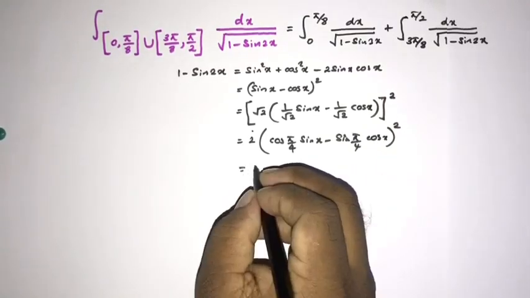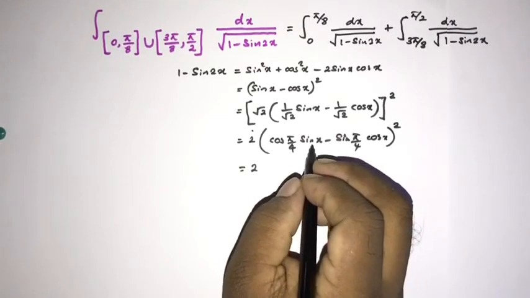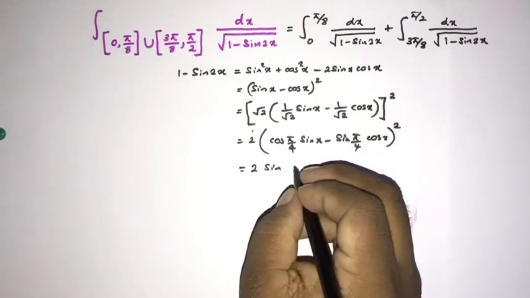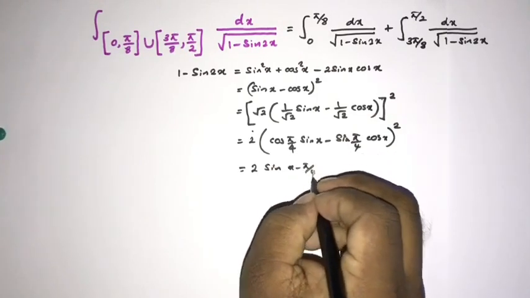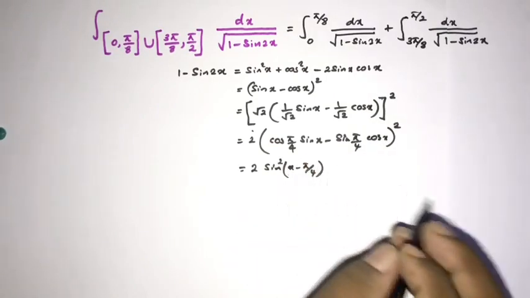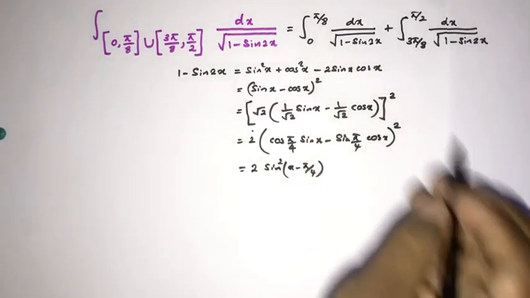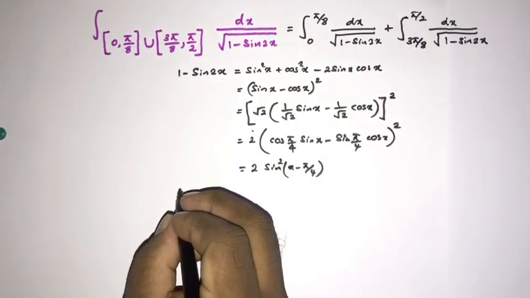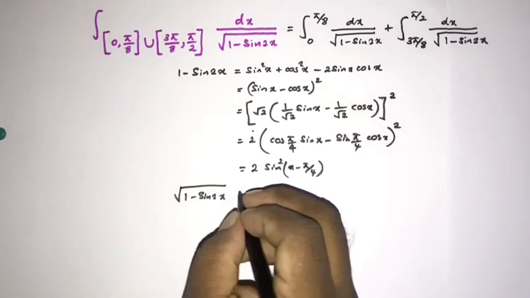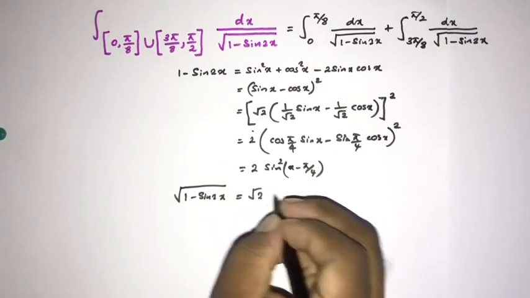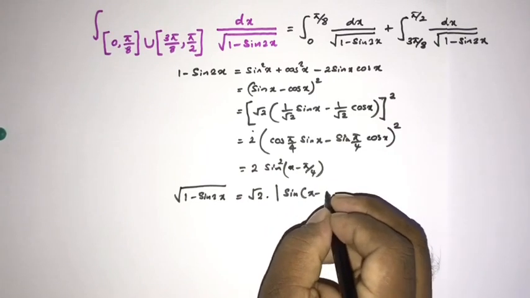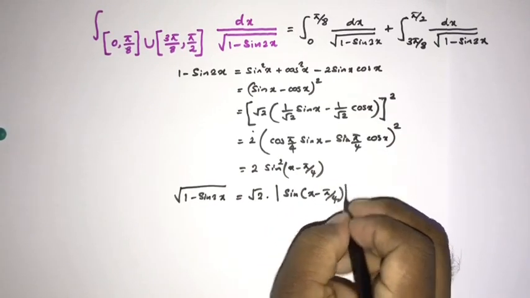Then we know this formula, so we have sine squared of (x minus π/4). Now taking the square root, the square root of 1 minus sine of 2x is the square root of 2 times the absolute value of sine of (x minus π/4).